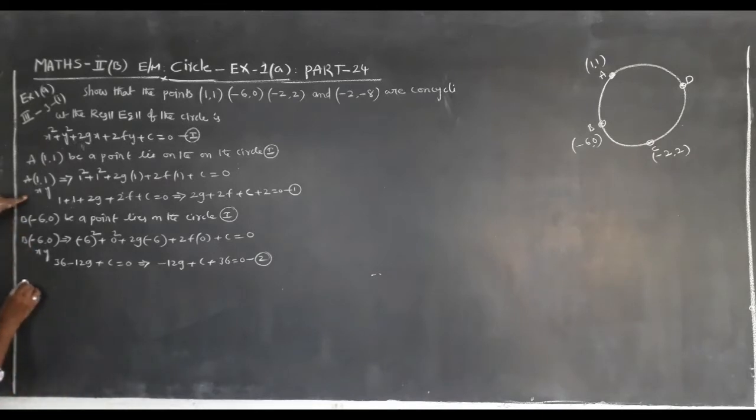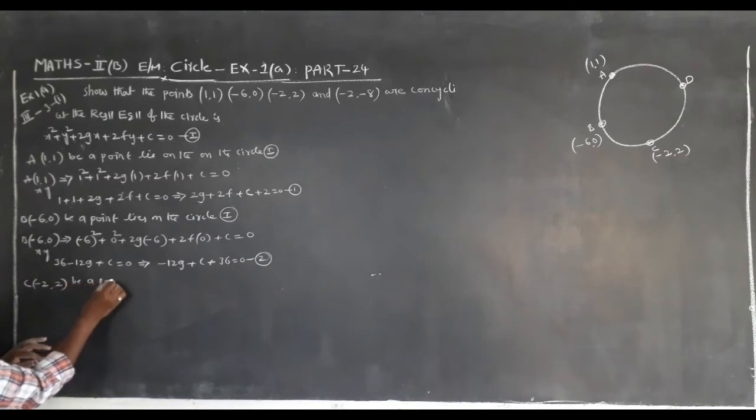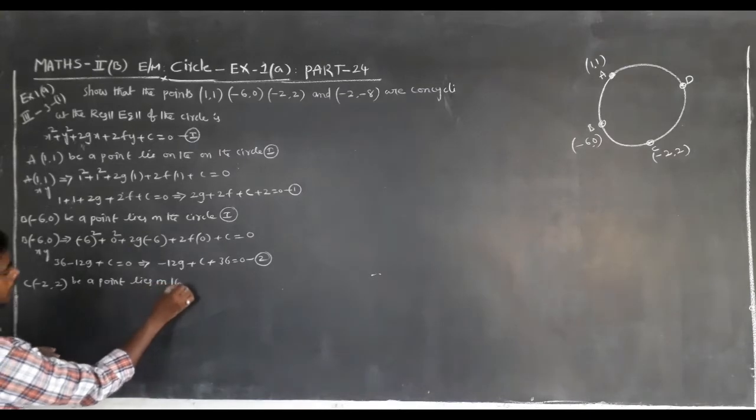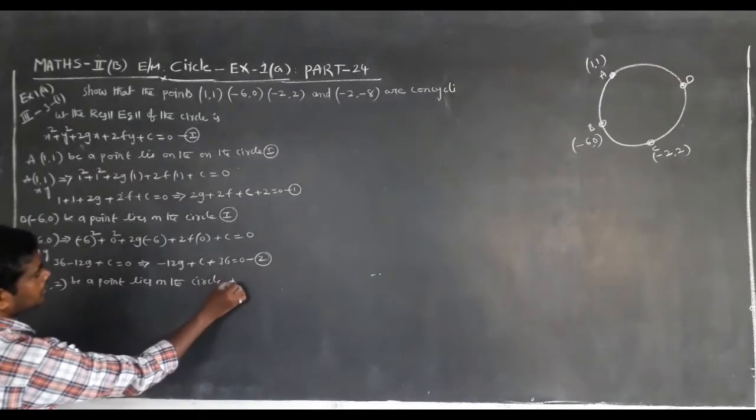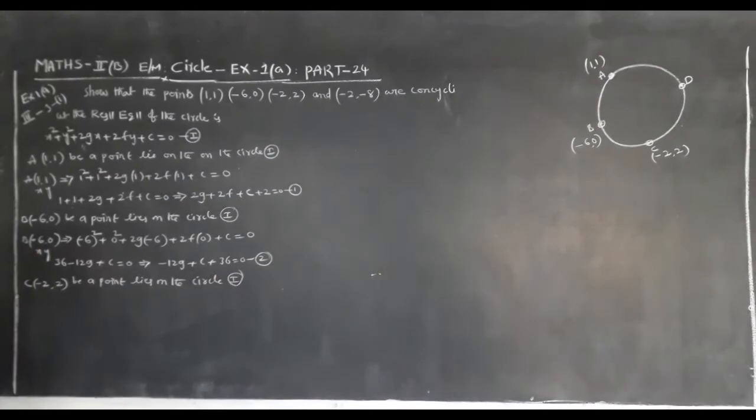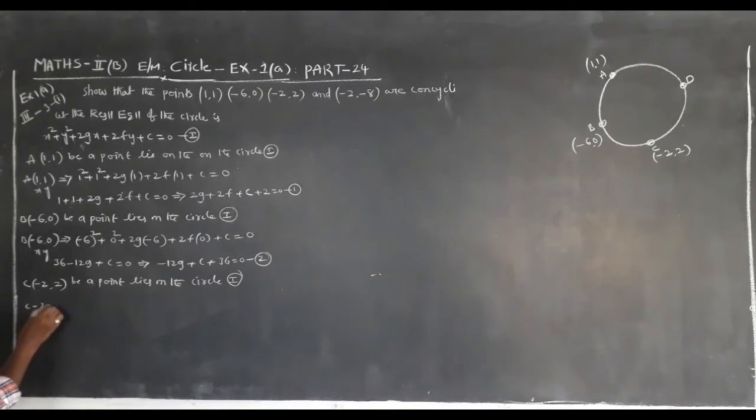Again, C point, C(-2, 2), lies on the circle 1, or circle 1 is passing through (-2, 2).